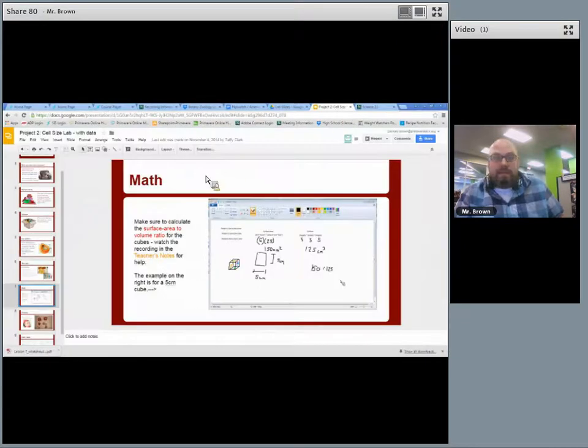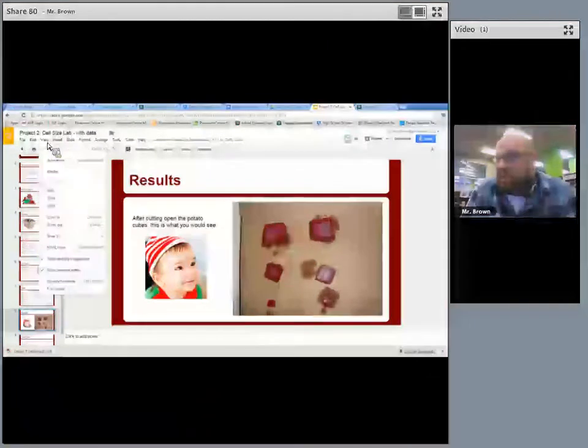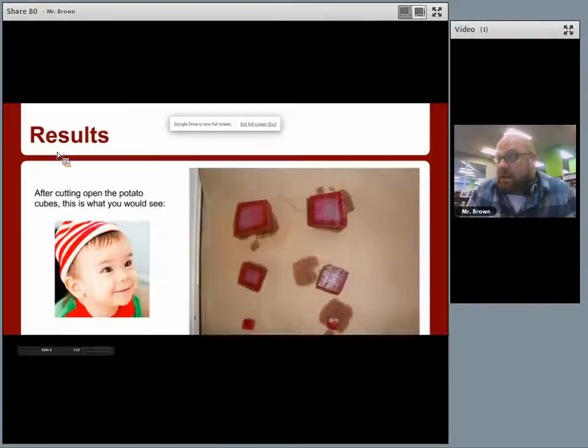Okay, so we're going to go back to this here. This is still the Google Slides. They're linked in both Lesson 6 and 7. If you cut the pieces in half, go to View, go to Present, and I'll go full screen.